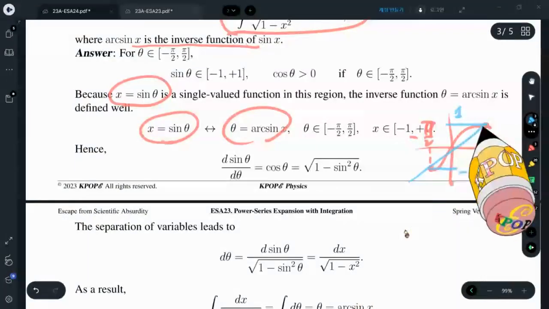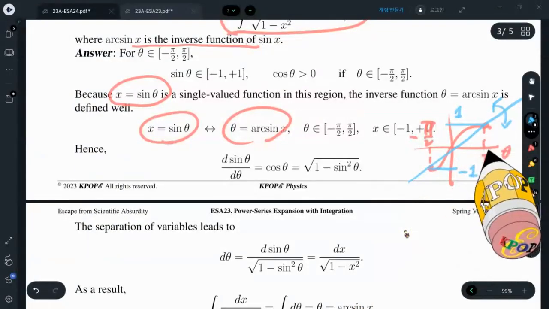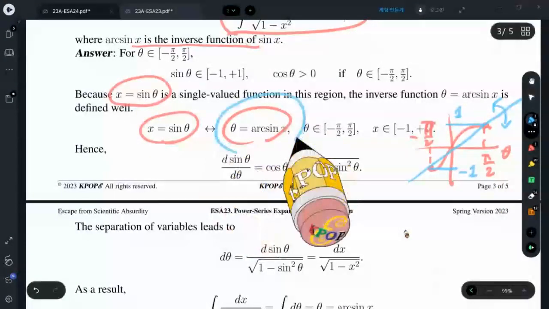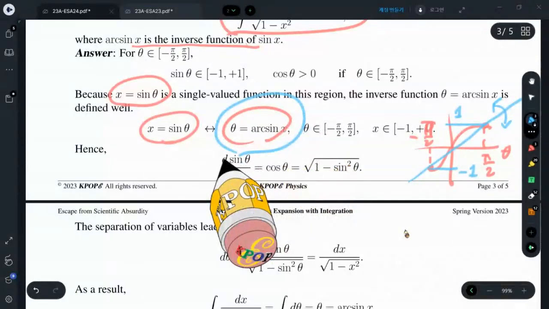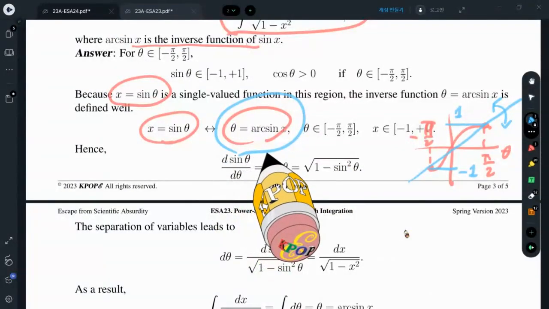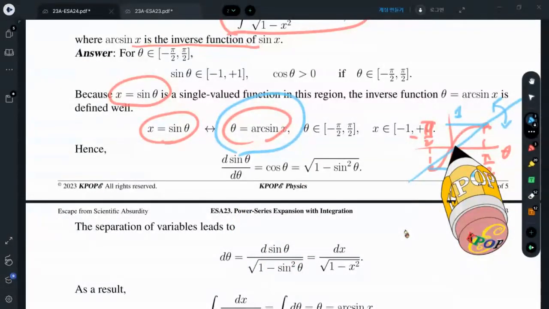So I draw a straight line and exchange the horizontal and vertical axes. Then what I would get is the inverse function. And it is uniquely defined as long as I choose this region only.